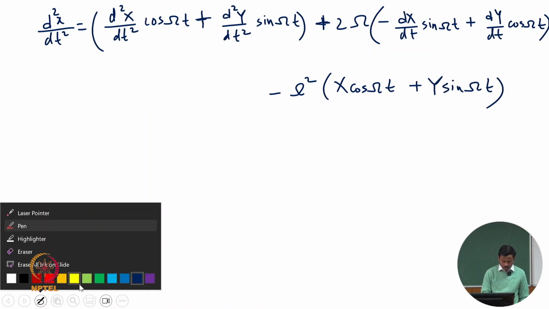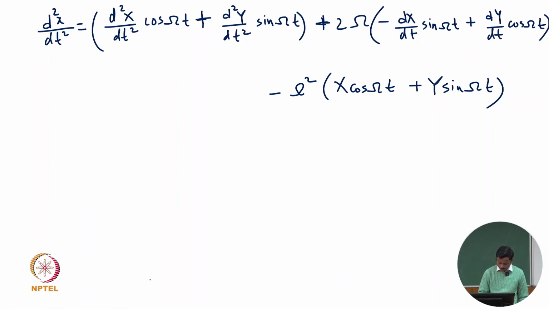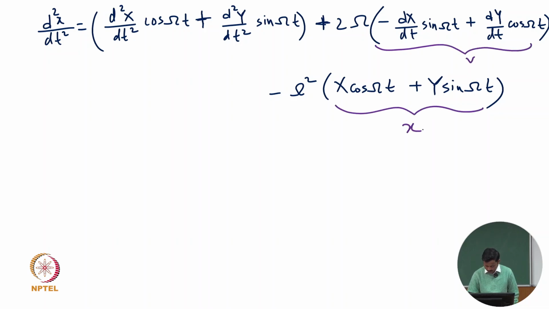Now you will realize, because we know what these variables are, this is nothing but small v, this is nothing but small x.